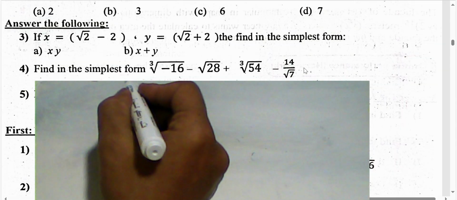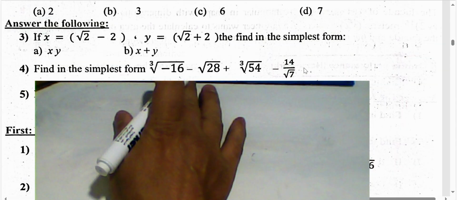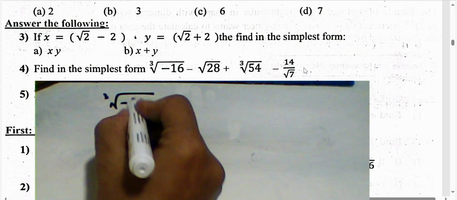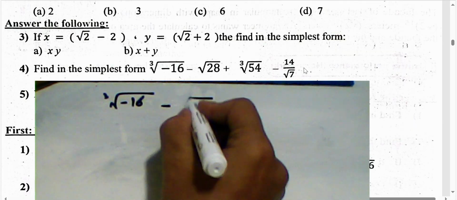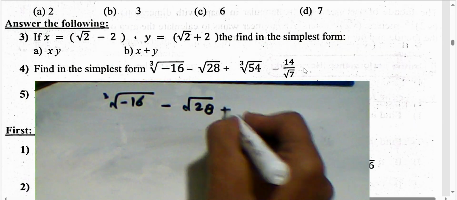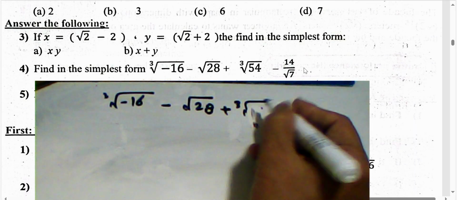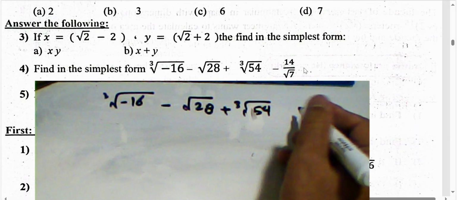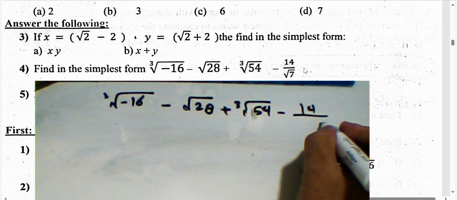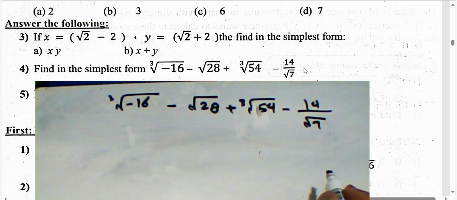Next example, number 4. Find the simplest form of this number: cubic root of negative 16 subtracted by square root of 28 plus cubic root of 54 subtracted by 14 over root 7. We can simplify this example.